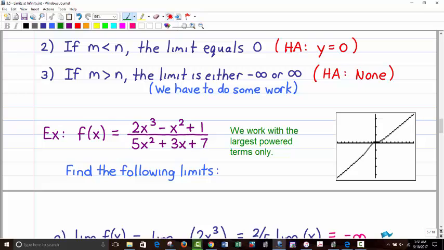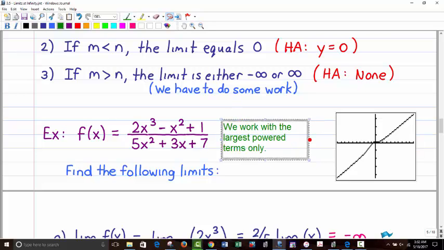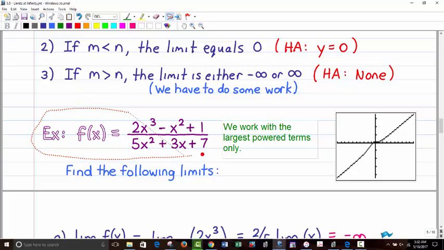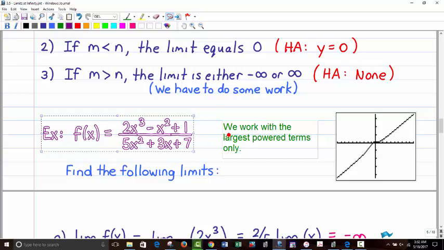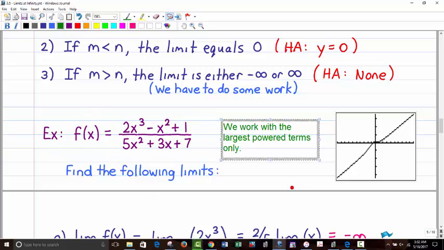Alrighty. Let's see what we got here. Here's an example. I was talking about the slant asymptotes with power 1.